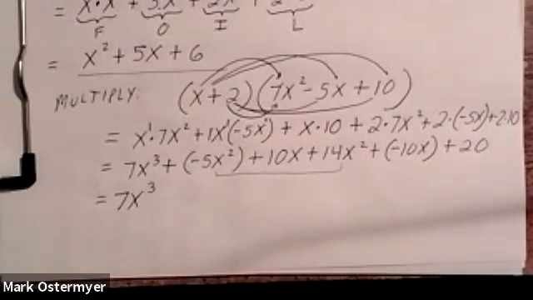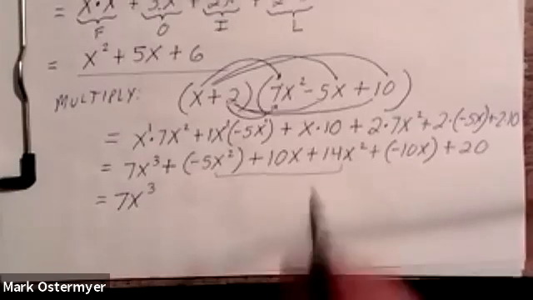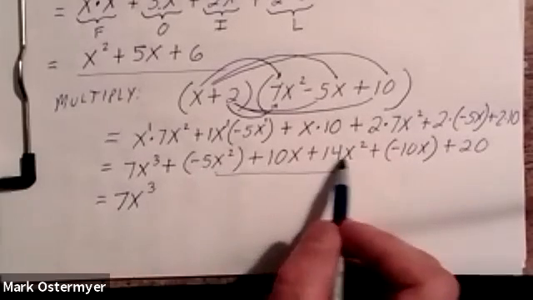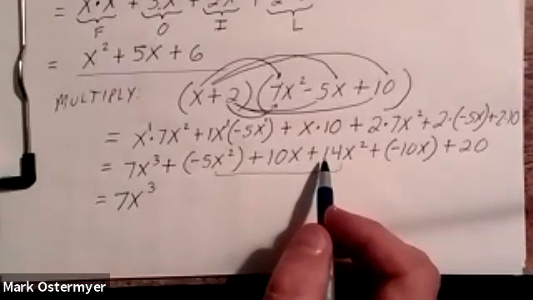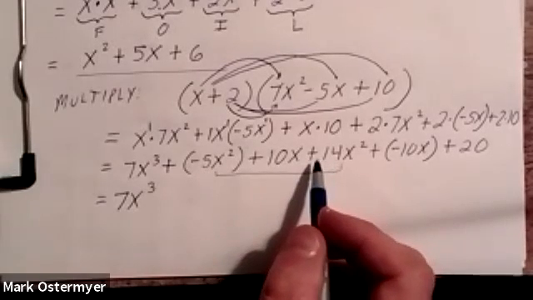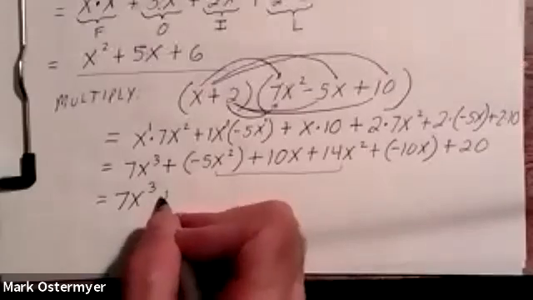What would that give us? Negative 5 plus 14 is 9. We'll say plus 9x squared.